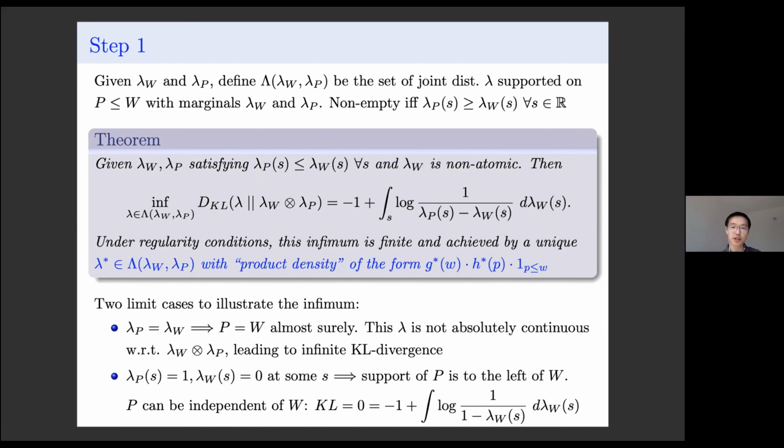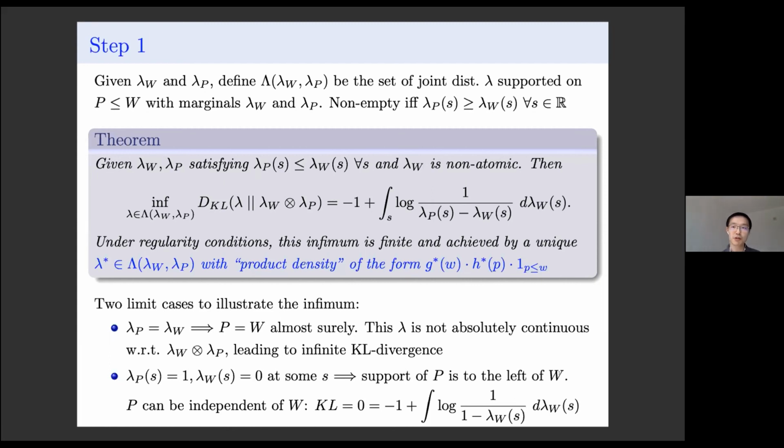In this case, there's only one joint distribution with these marginals, and this joint distribution is not absolutely continuous. So that would lead to infinite KL divergence. And on the right-hand side, because 1/0 is infinity, we get an infinite integral. One can also understand this formula in the other limit case, where the support of the payments is uniformly smaller than the support of the winner type.